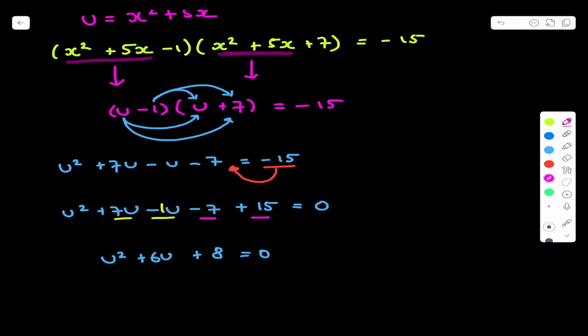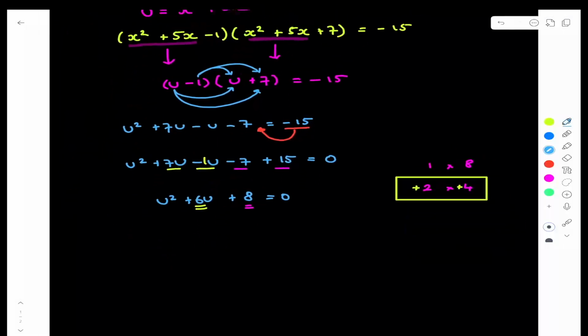Now this should be quite easy to factorize. We're just going to write out all the multiples of 8. So you could have 1 times 8 or 2 times 4. We want to choose the ones that add together to give me positive 6. And 2 and 4 would add together to give me positive 6 if they were both positive.